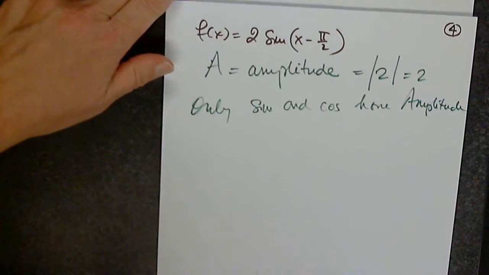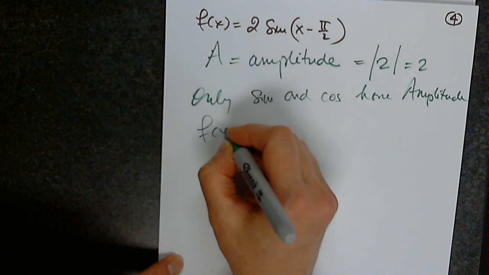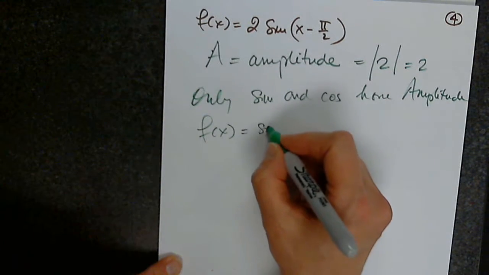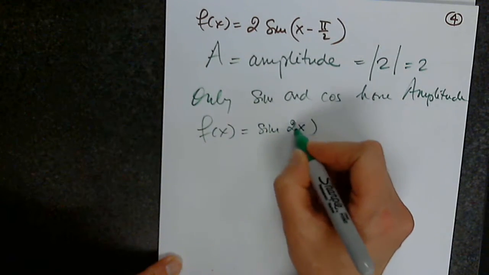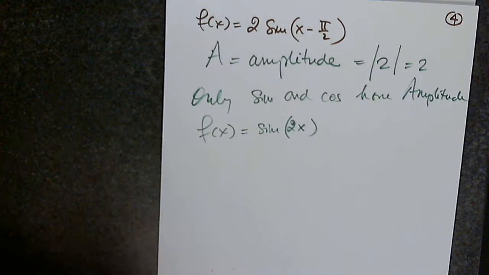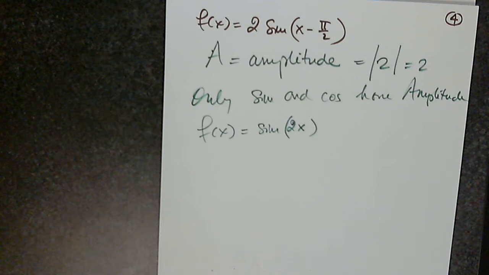Okay, here's another example. What if I want to graph f of x, which is sine of twice x? What kind of transformation is this? Am I changing x or am I changing y? I'm changing x. What type of transformation am I getting into when I change x into twice x?